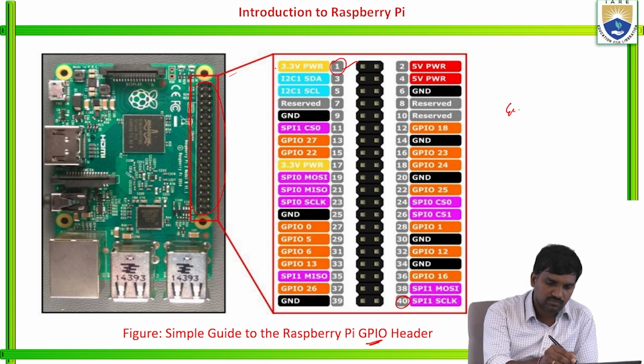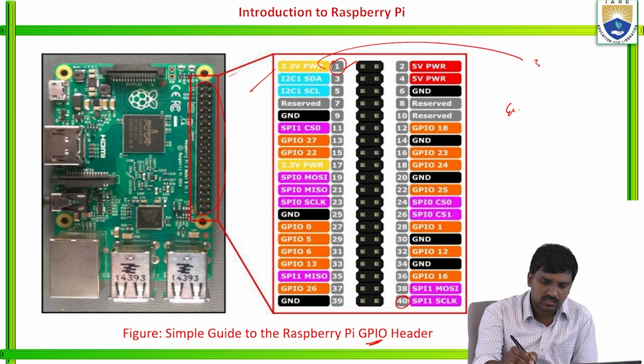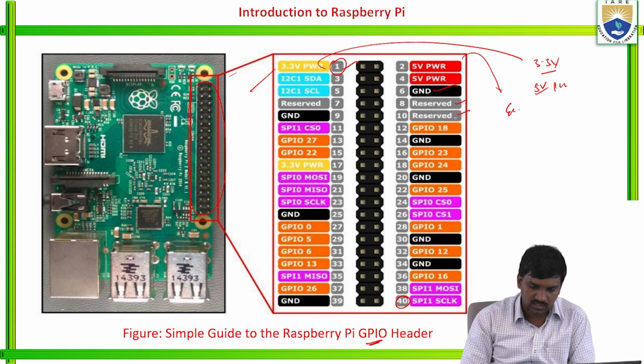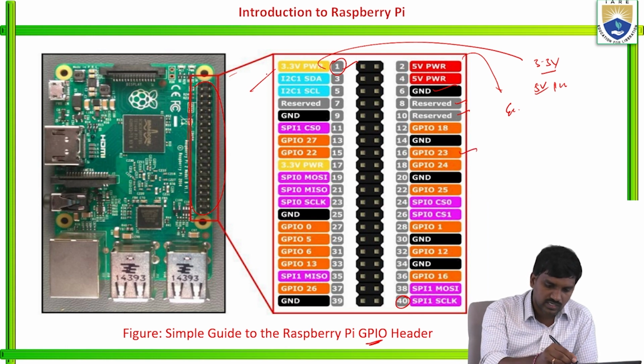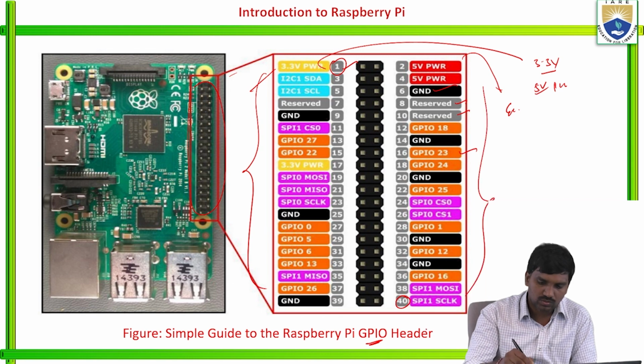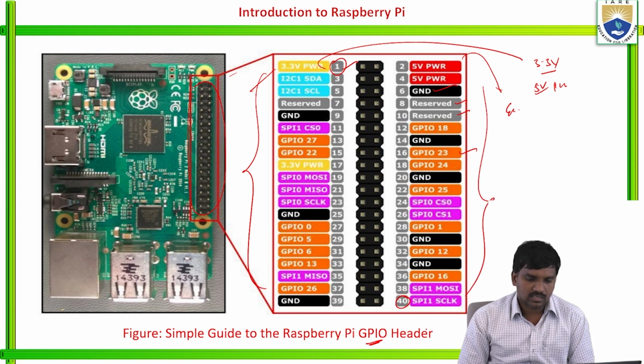For example, the first pair is 3.3 volts input voltage, the second one is 5 volts power, the sixth is a ground pin, and 8 to 10 are reserved. Then the general purpose input output pins, like GPIO 10 and 23, so we have different port names under general purpose input output.